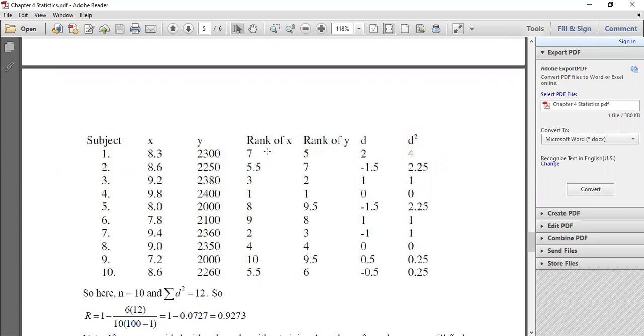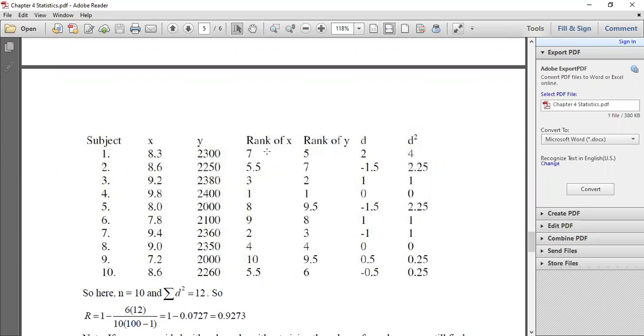Then from there, you move 2 steps forward. So if there is a tie for 3 people, say 4, 5, and 6, once you add 4, 5, and 6, you get 15. Then you divide that by 3. That will be 5.